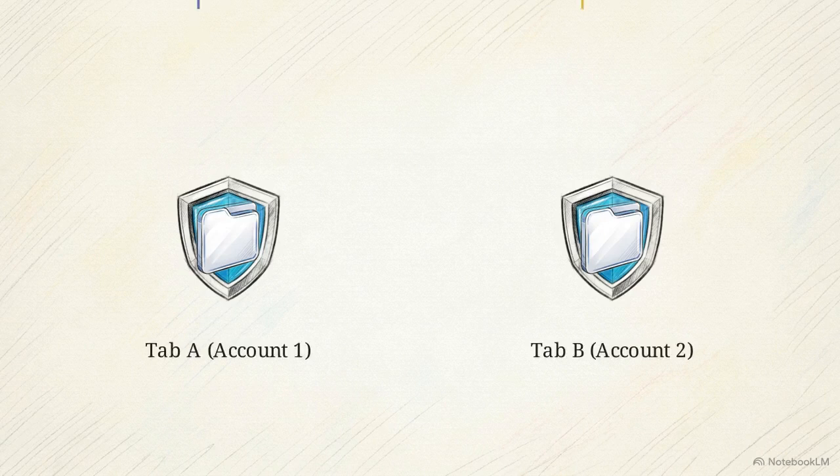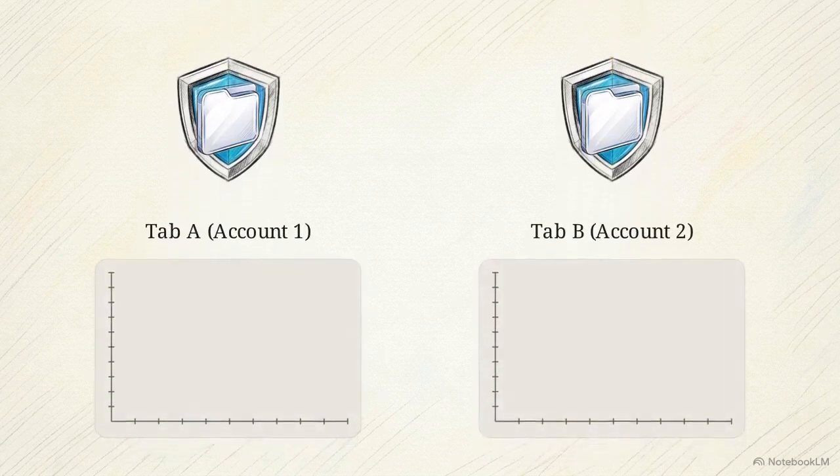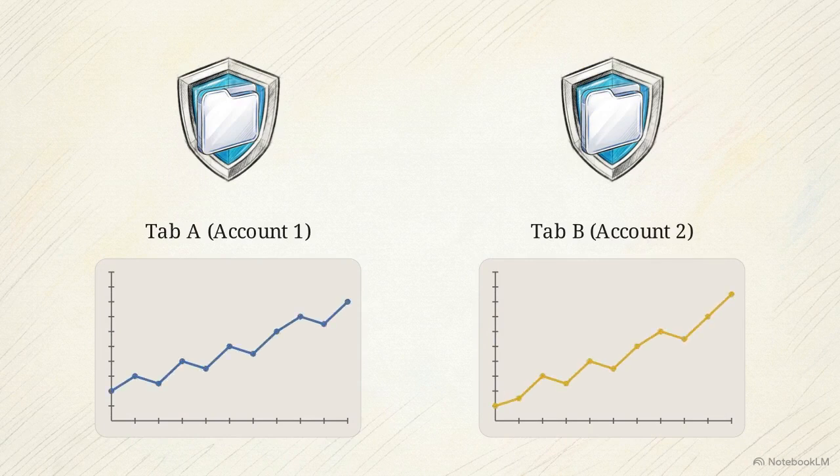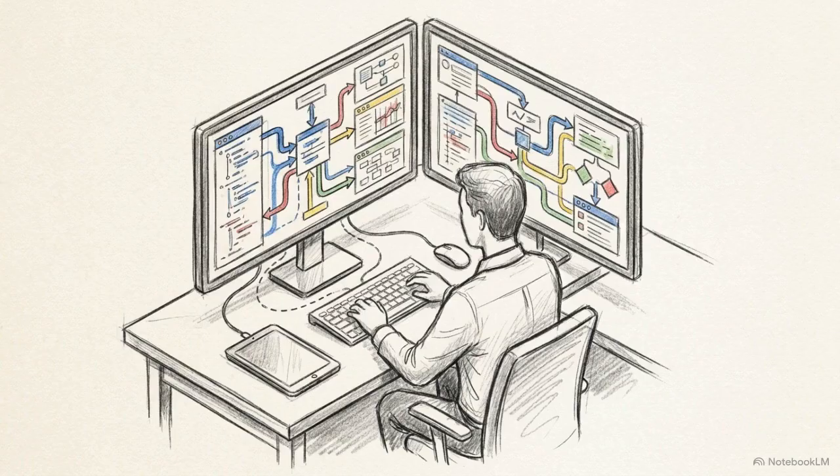Assign one Google Ads account to tab A and another to tab B. The browser locks them into distinct environments, allowing you to review live performance data side by side without session conflicts. These multi-login profiles are effectively running completely separate computers inside a single browser window. Combining the Manager Hub with browser isolation permanently removes the friction of logging in and out. Your team can execute true, uninterrupted multitasking.